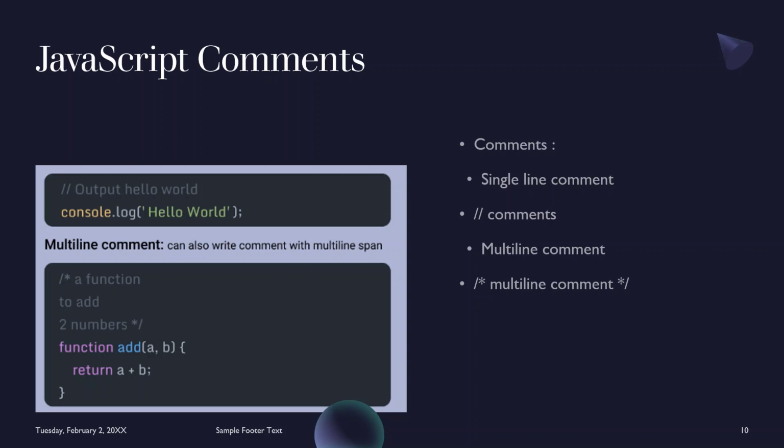First is single line comments. We can add single line comments using double slashes. And then multi-line comments. We can also write multi-line comments using slash star and then closing it with star slash. So let's move to our project and try to add single line comments and multi-line comments.